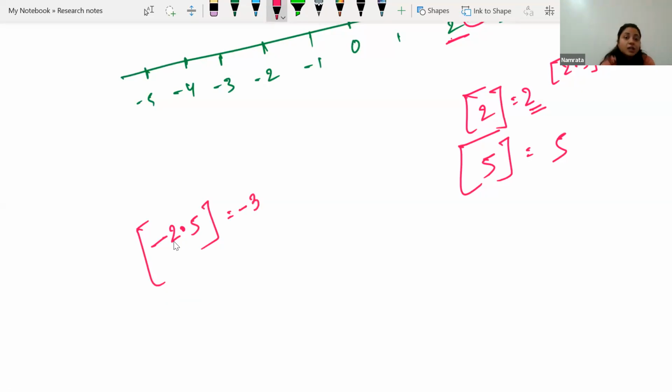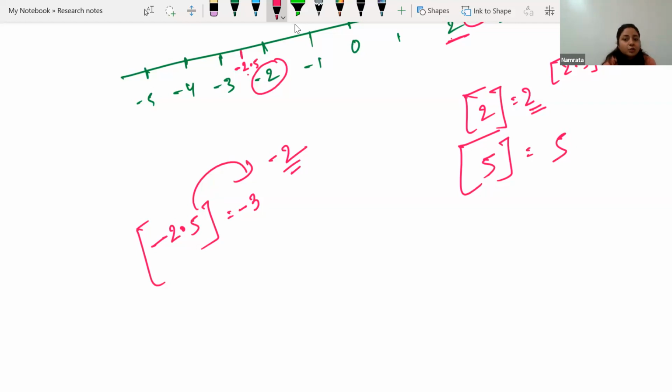Again, it will give smaller than or equal to the number which we have here. So minus 2.5 on the number line is lying over here. If you take minus 2 as a result, then minus 2 is bigger than minus 2.5.